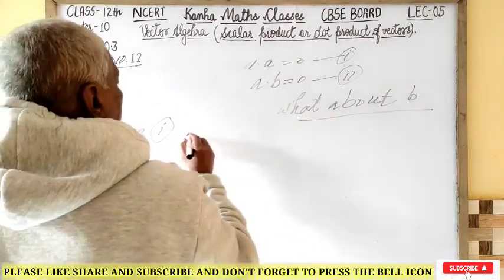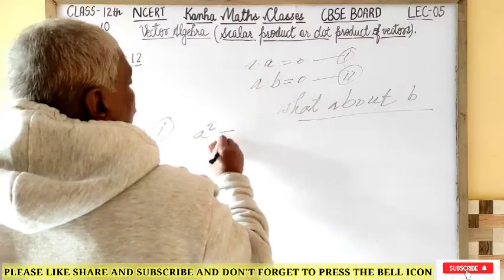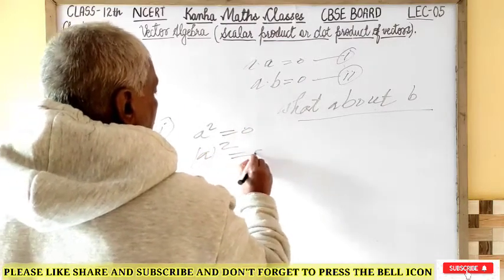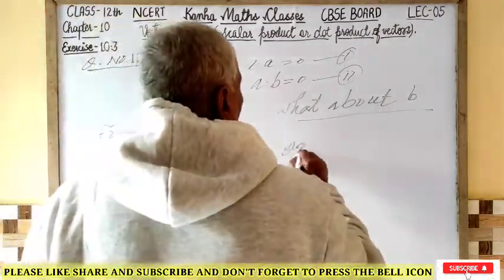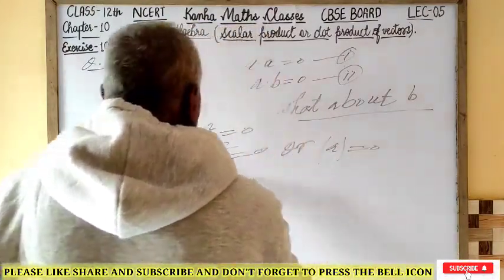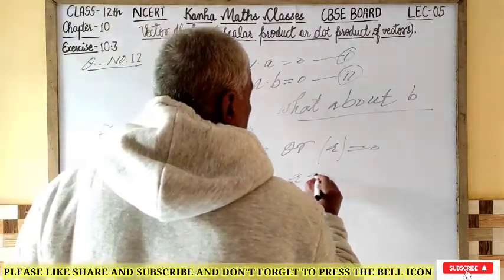A dot A means A squared is equal to 0, or |A| squared is equal to 0, or |A| is 0, hence vector A is 0.